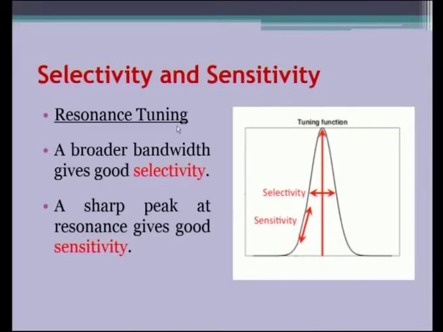We will see them by looking at this graph. In the resonance tuning systems, a broader bandwidth gives good selectivity and a sharp peak at resonance gives good sensitivity. These are actually higher order terminologies, but we should be able to keep them in mind when we learn about the resonance curves in which the tuning is used.